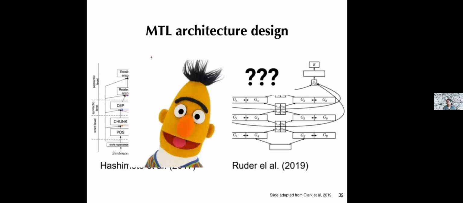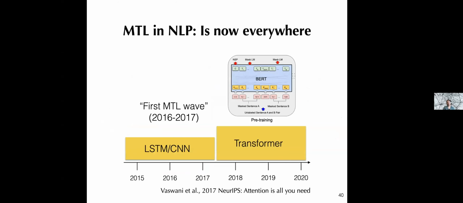So the main question arises: now we have contextualized embeddings like BERT. Multitask learning in the early days, 2016, 17, was a really big hype, but still tied to the models we used back then, LSTMs and CNNs.